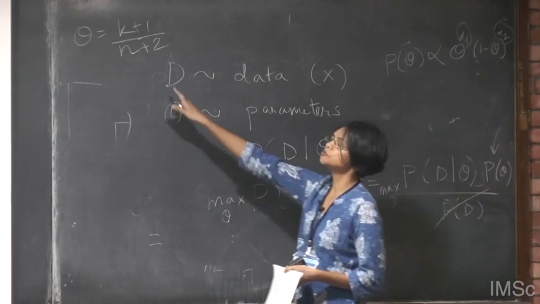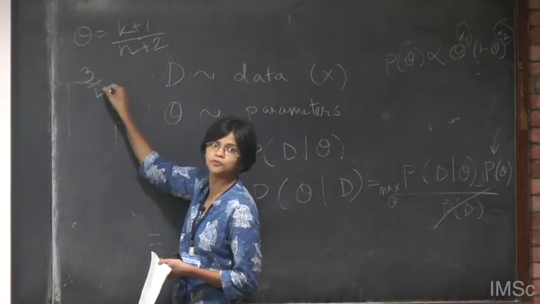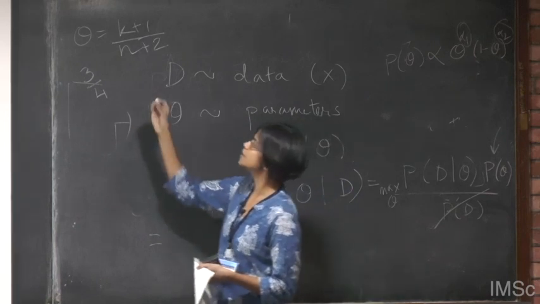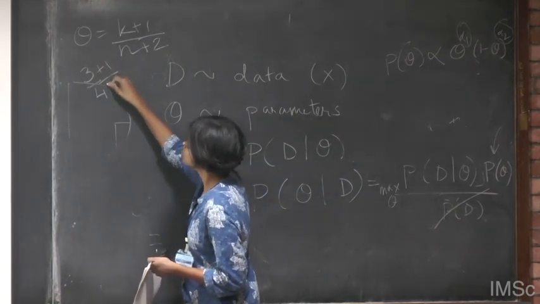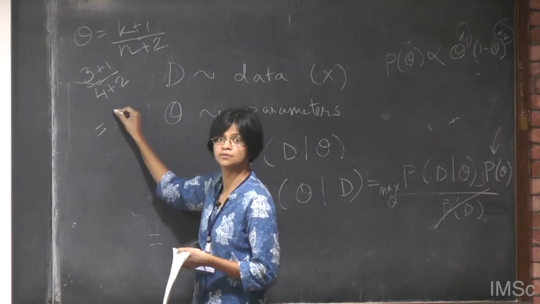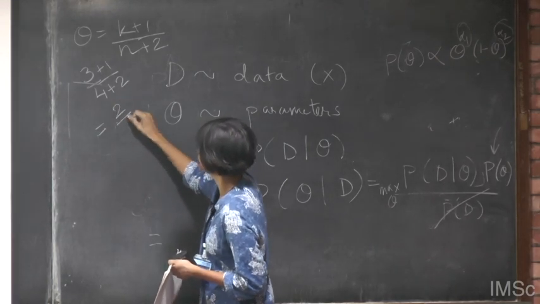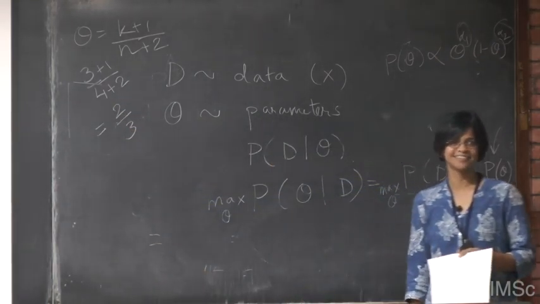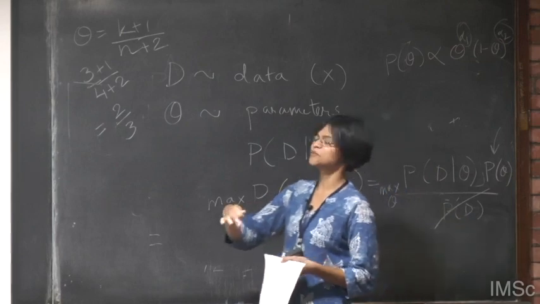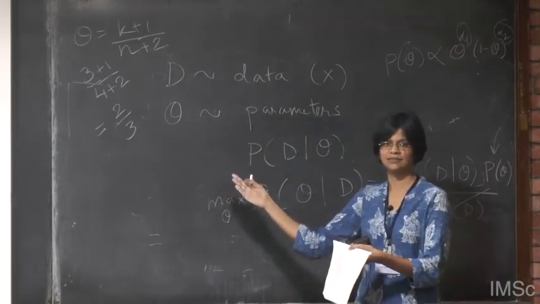So what happens when you do get a lot of data? First you were a little hesitant to do a 3 by 4, right? So instead you did a 3 plus 1 by 4 plus 2, which is 4 by 6, 2 by 3. So from 3 by 4, you went to 2 by 3.